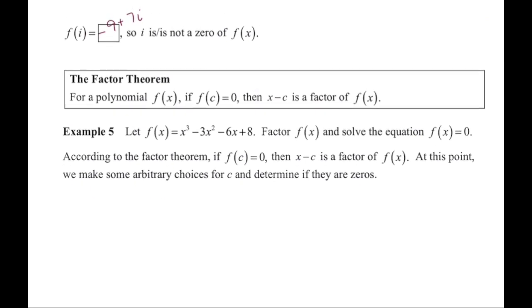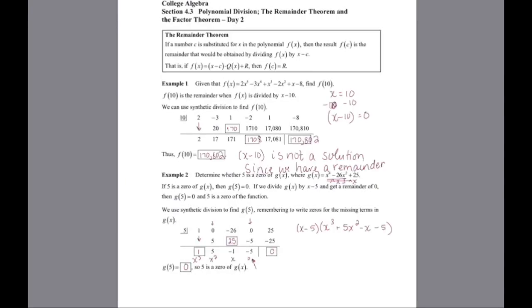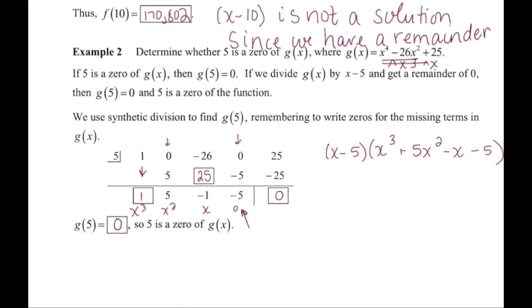The factor theorem says that for a polynomial function, if there is a value and we end up with a remainder of 0 when we plug it in, we know then that it is a factor of that function, just as we talked about. So back at example 2, since we ended up with a 0 here, I then know that x minus that value is a factor of the function itself.